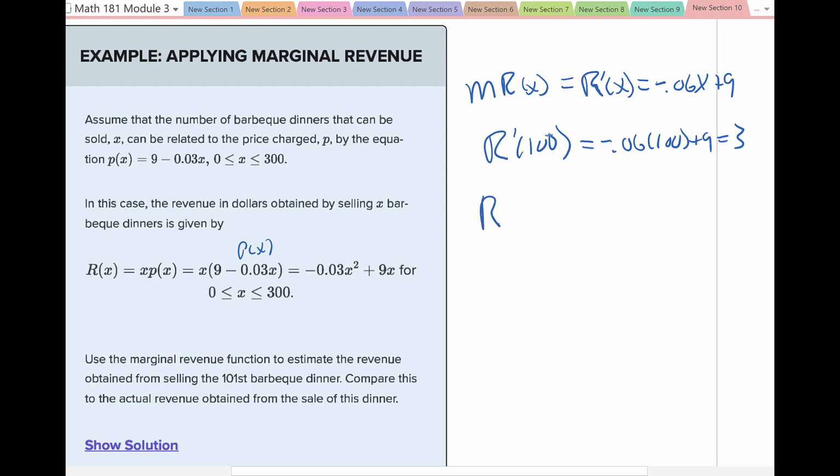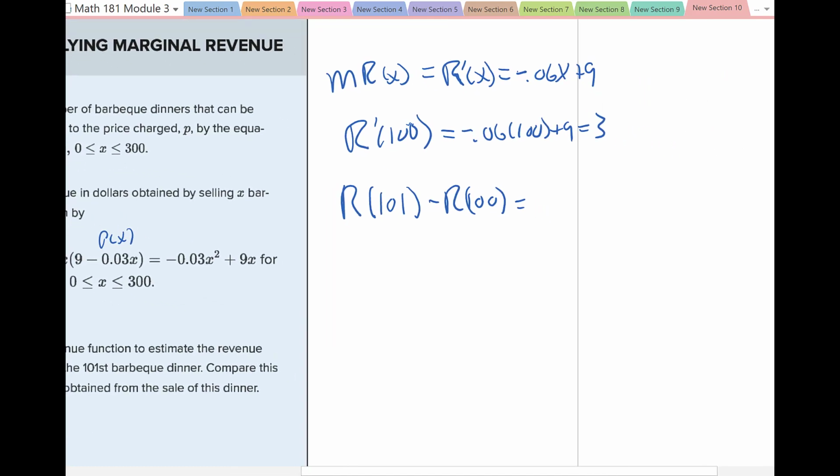So that means the revenue on the 101st, or R of 101 minus R of 100, that isolates it to the 101st one, is going to be, let me slide this over here, 602.97 minus 600, which is 2.97.